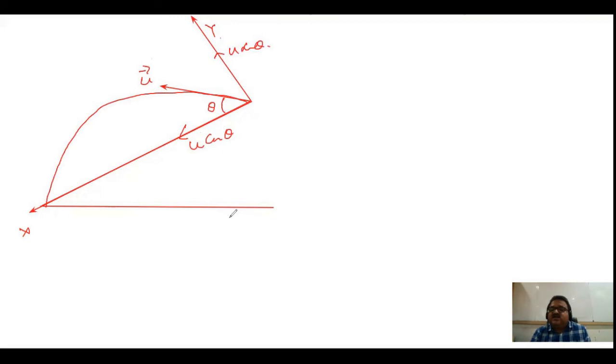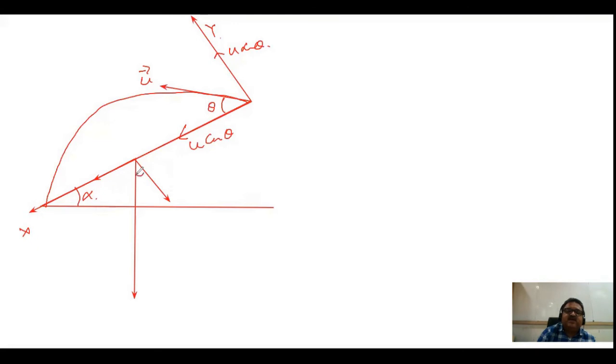Correct? But another thing we have to remember is about g. Clear? Suppose this is alpha. Now, g is acting in which direction? It is in the vertically downward direction. So resolving g along two components, look, what will happen then?